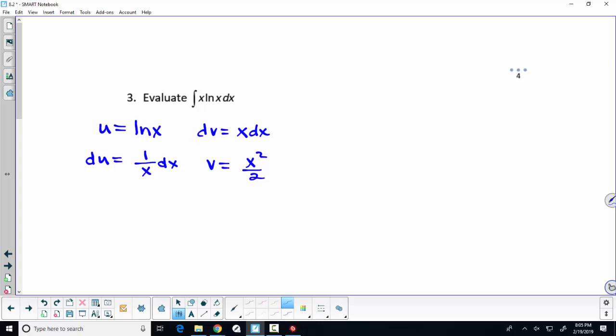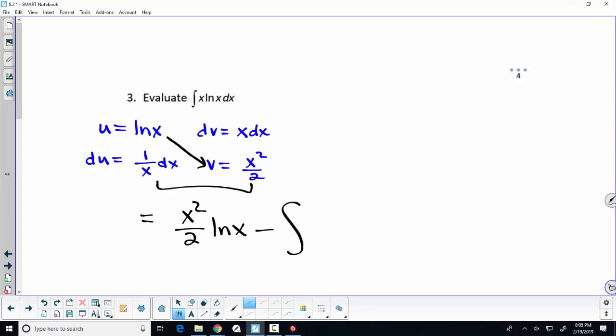Most of the time it's really straightforward when you use integration by parts, because we see all of these are just a product of two functions of x. Sometimes it's more subtle, but usually pretty straightforward. So we have u times v, which is x squared over 2 times ln x, minus the integral of v du.